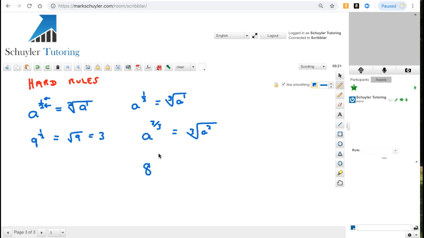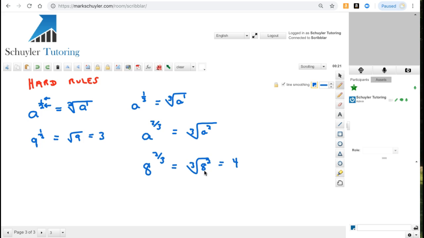So let's use a real number now and see what we can come up with. How about 8 raised to the 2/3 power? Seems complicated, but we know it's going to be the cubic root of 8. And you can actually figure that out right now. The cubic root of 8 is 2, and then 2 squared is going to be 4. Or you could say, well, 8 squared is 64, and the cubic root of 64 is 4.